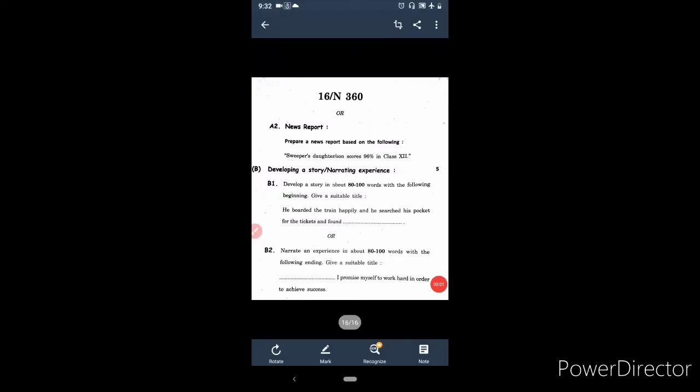The next question is a news report. We have to write a news report from the given topic. 'Sweeper's daughter scores 96% in class 12', means we have to write the report or news on this topic.